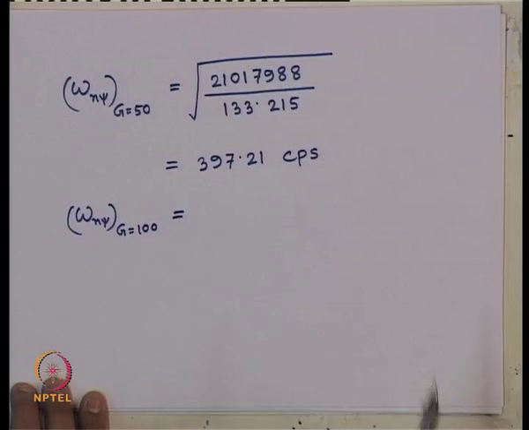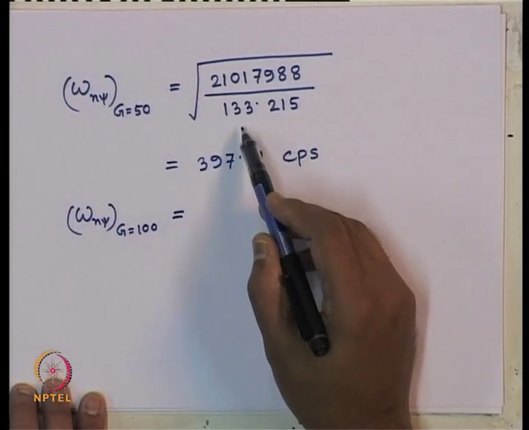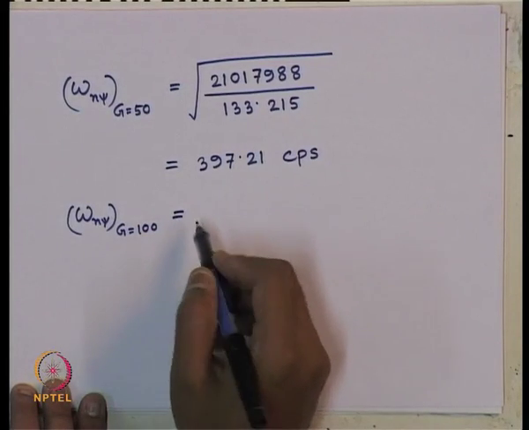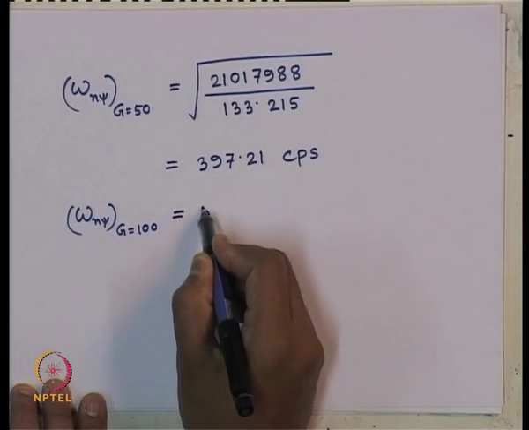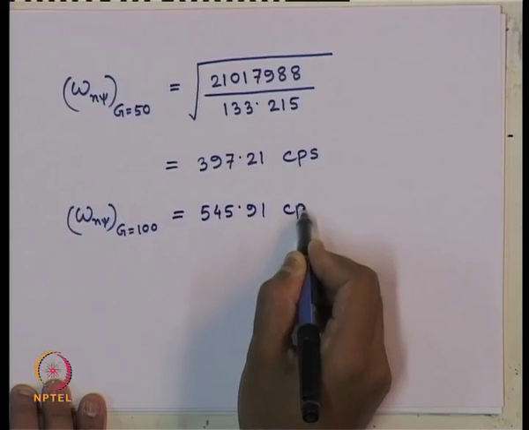Then omega n psi for G equals 100, the next type of soil, how much are we getting? This value will be double and this one will now become 141.052. By putting those values, we are getting 545.91 CPS.